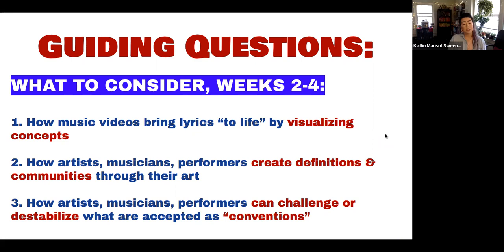And how artists, musicians, and performers can challenge or destabilize what are accepted as conventions. So if a convention is something deemed normal or typical or acceptable, how might an artist, musician, or performer attempt to go against that, or unpack that or change that in some respect, rather than just upholding the social norm?